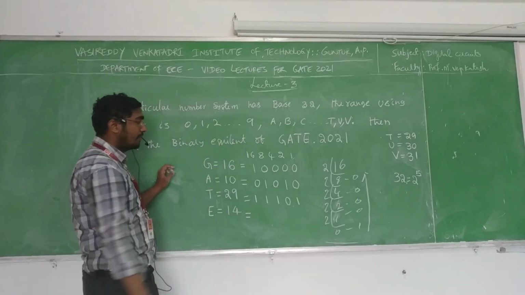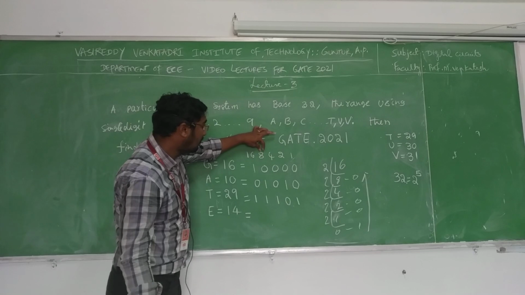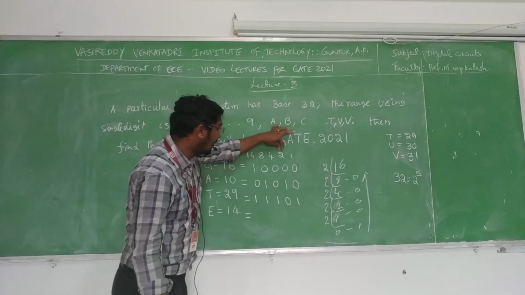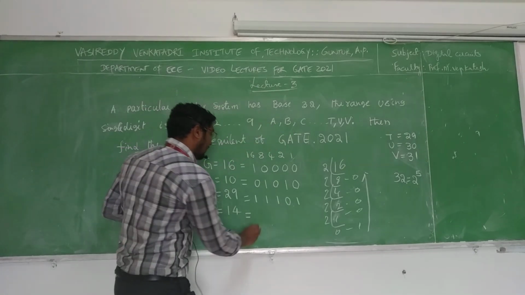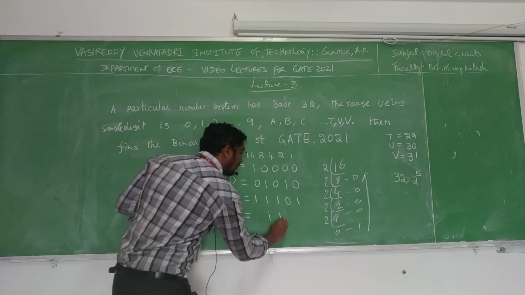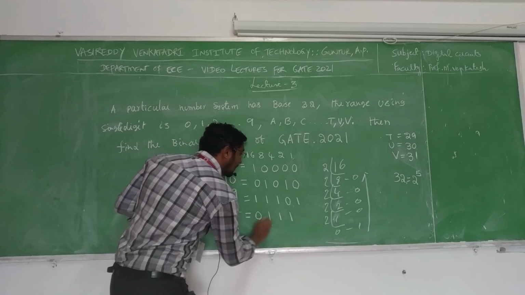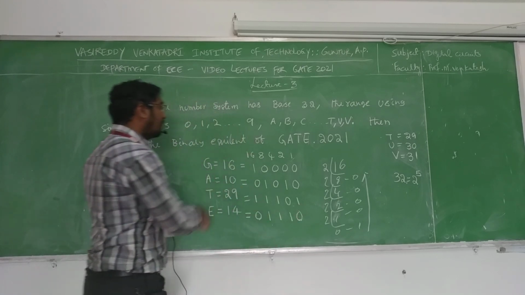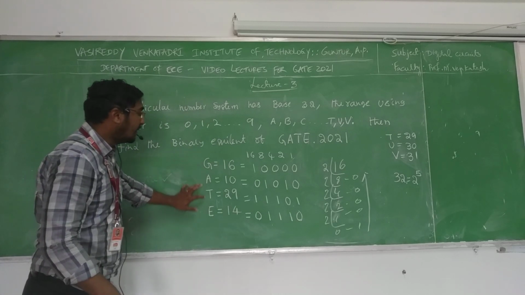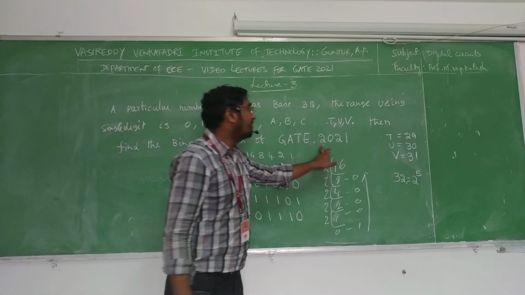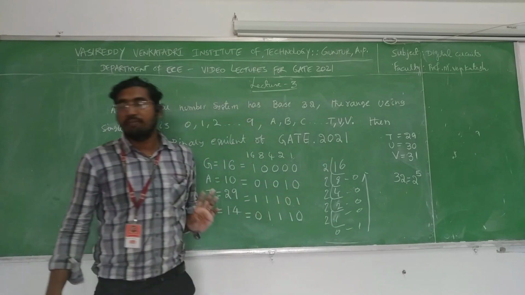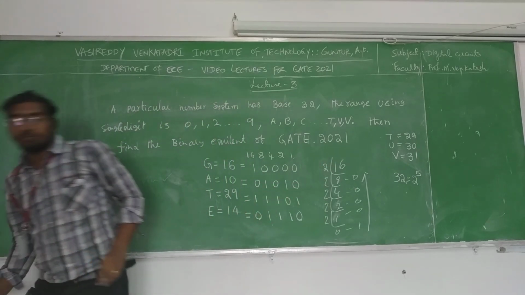And E is 14. How to get 14? 8 plus 4 is 12, 12 plus 2 is 14. So 8, 4, and 2, and the remaining are zeros. Now we have represented each digit in 5-bit format, and we also represent the remaining digits in 5-bit format.